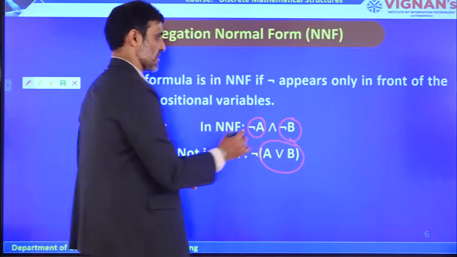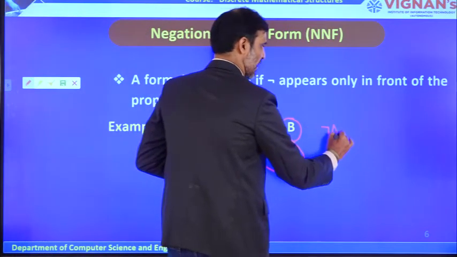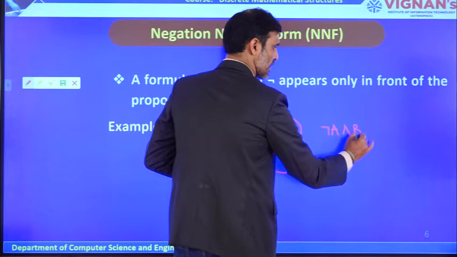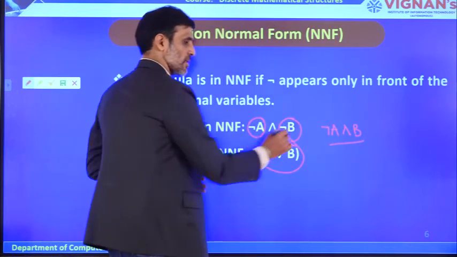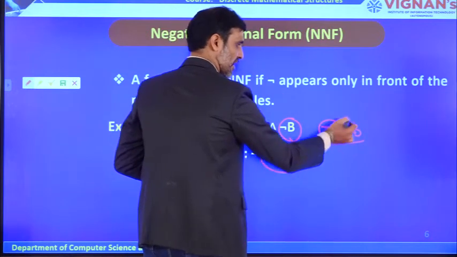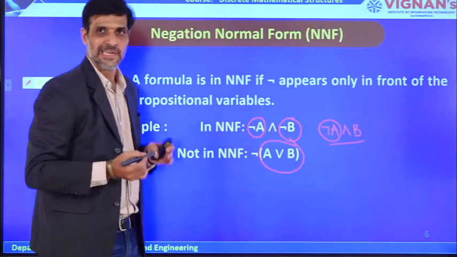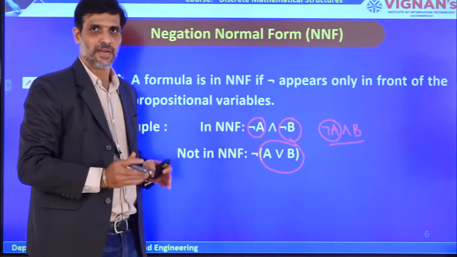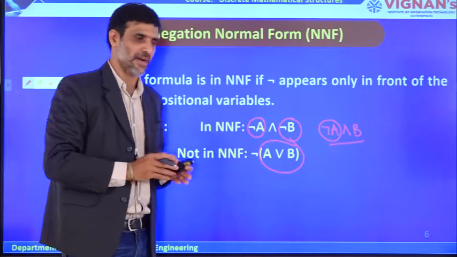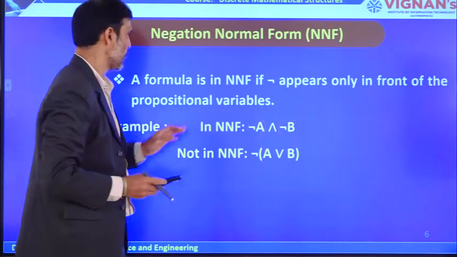That is what we discussed. Otherwise, if you take ¬A ∧ B, this is also in NNF, because negation appears in front of the variable. That is the main definition of NNF. I hope it is clear to you.